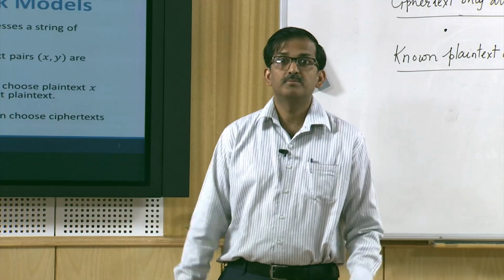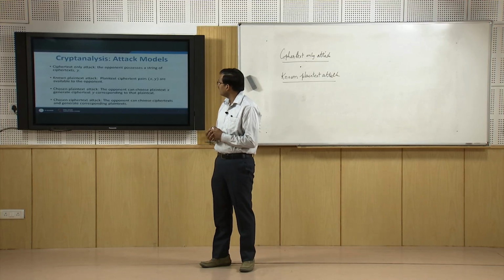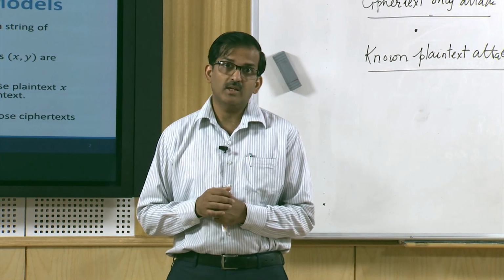The last one is the chosen ciphertext attack, where the opponent can choose ciphertext and generate the corresponding plaintext. This is a scenario where the opponent has access to the decryption function.